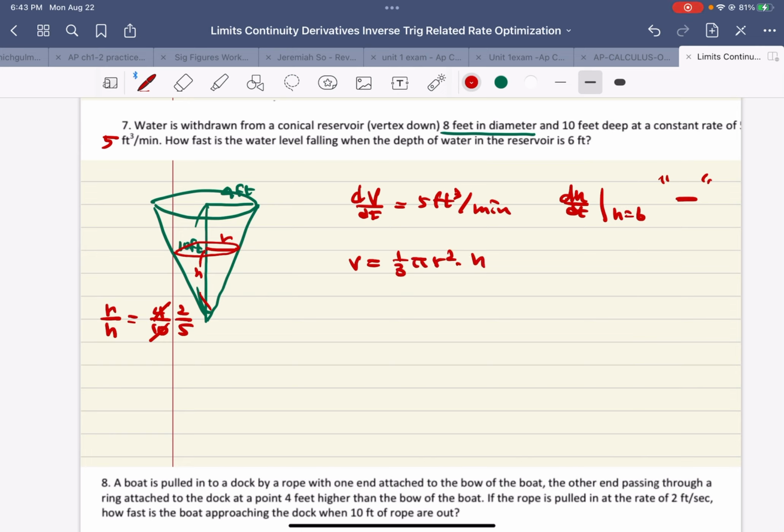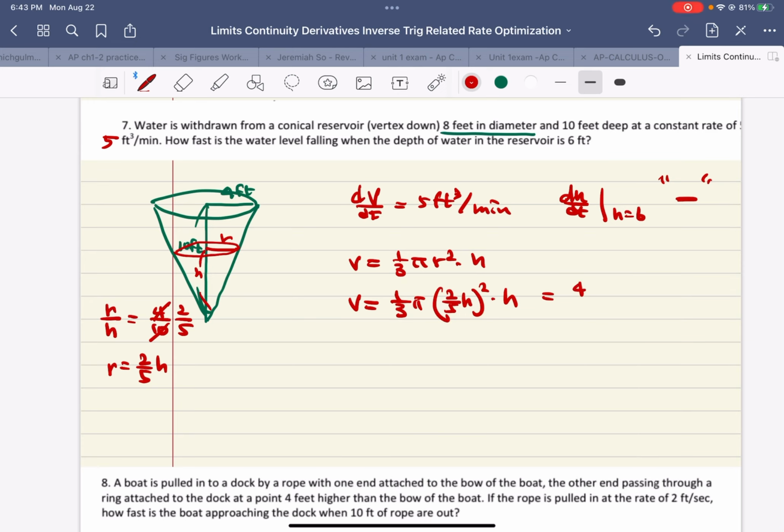And then you're looking for dH/dt. So r equals 2/5 h when you multiply h on both sides. So I'm going to substitute. V equals 1/3 pi, r is 2/5 h, squared, times h. So then you can multiply it out.